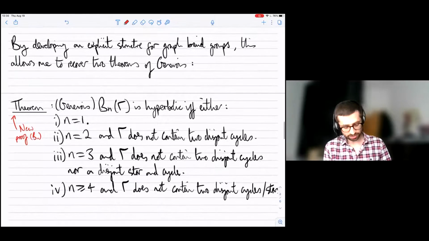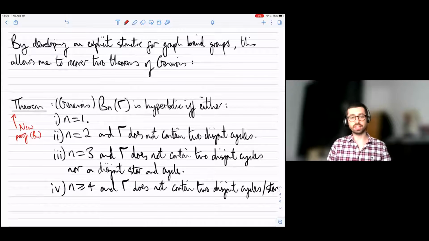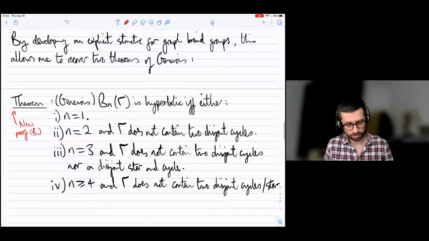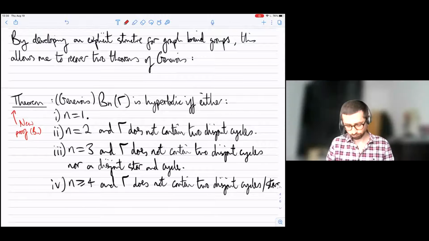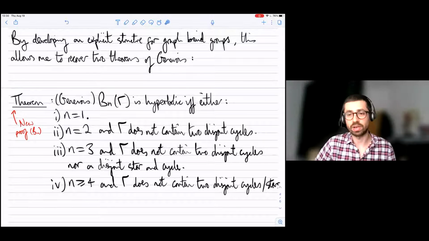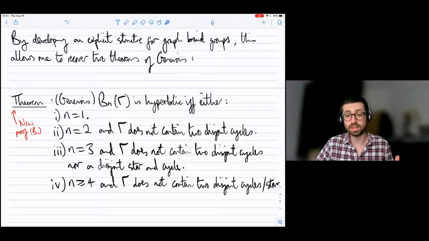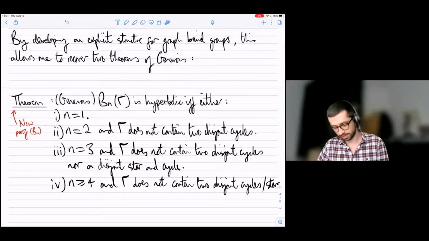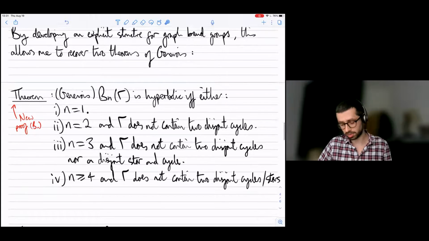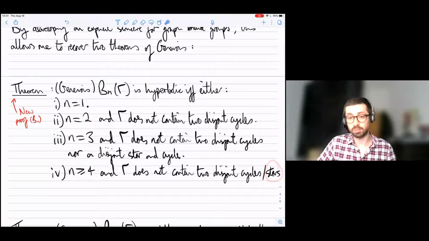So the characterization of hyperbolicity looks something like this. We need to split it into 4 cases, depending on how many particles you have. Basically, the reason for this is that we're looking for copies of Z squared in our group. Copies of Z are generated by cycles in the graph gamma or stars in the graph gamma.